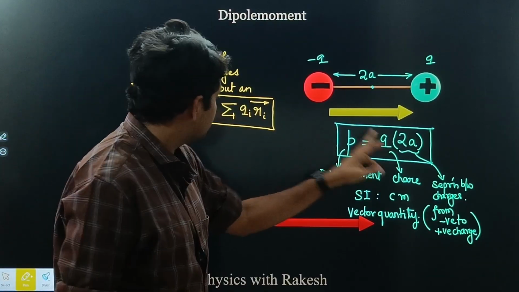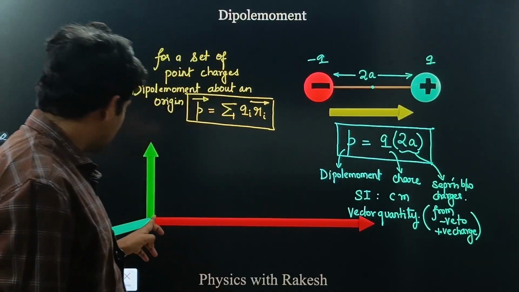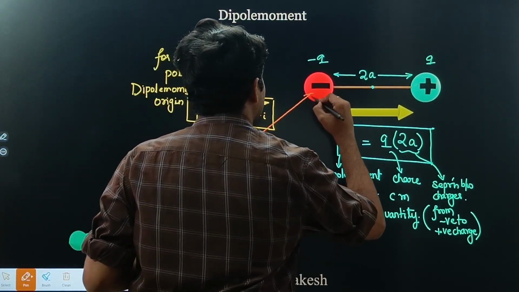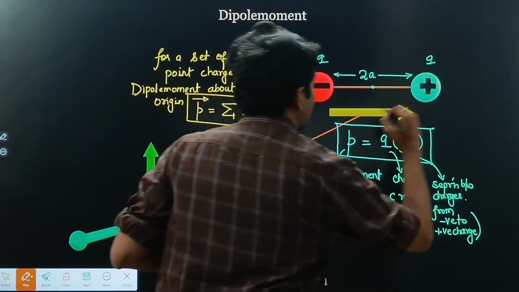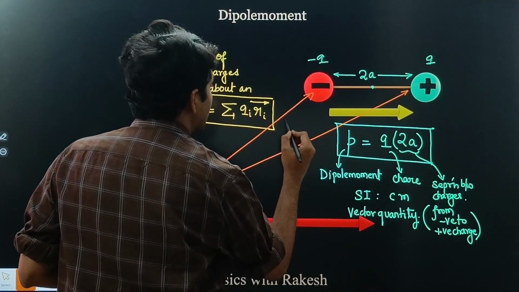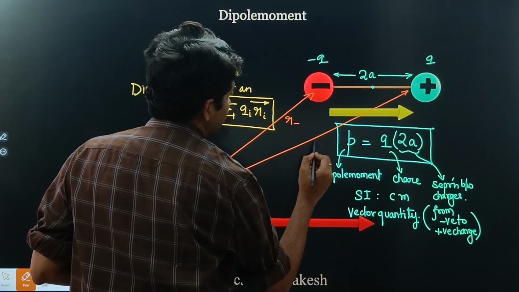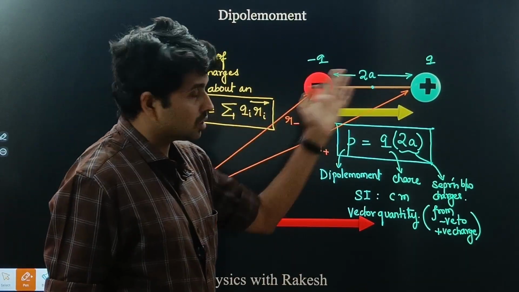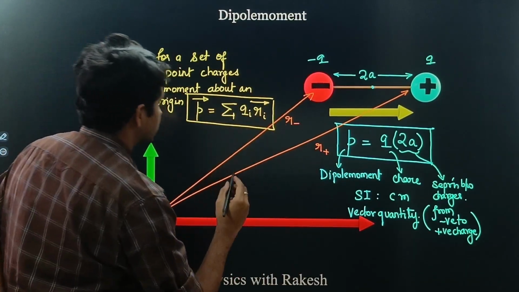And let us see how this comes from this. Okay, see, these are the two charges, and suppose this is our origin. Okay, so you just first join this here, and next join this. This is R minus, okay, and this is R plus. So now what is the dipole moment of this combination of charges?